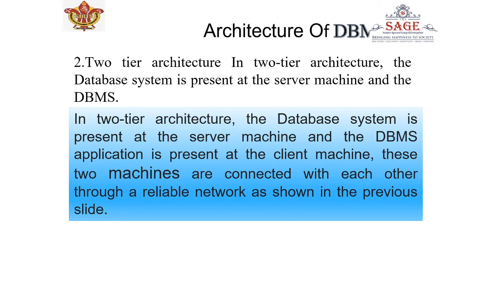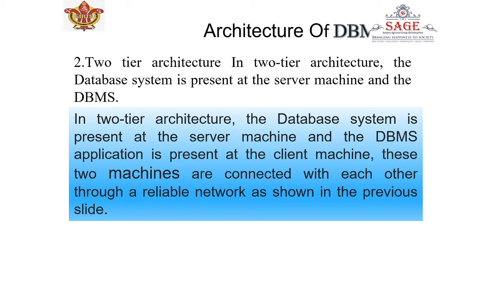So, the two tier architecture. Now we see in this two tier architecture, the database system is present at the server machine and the DBMS application is present at the client machine.